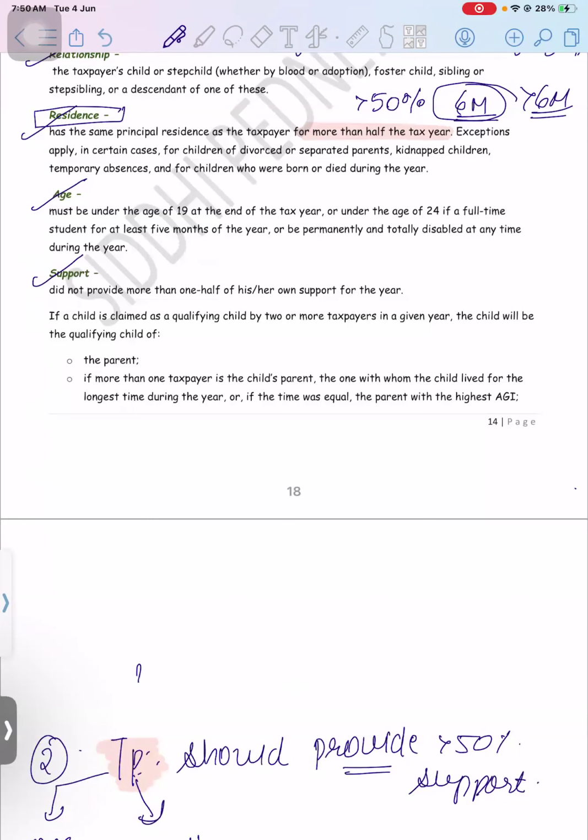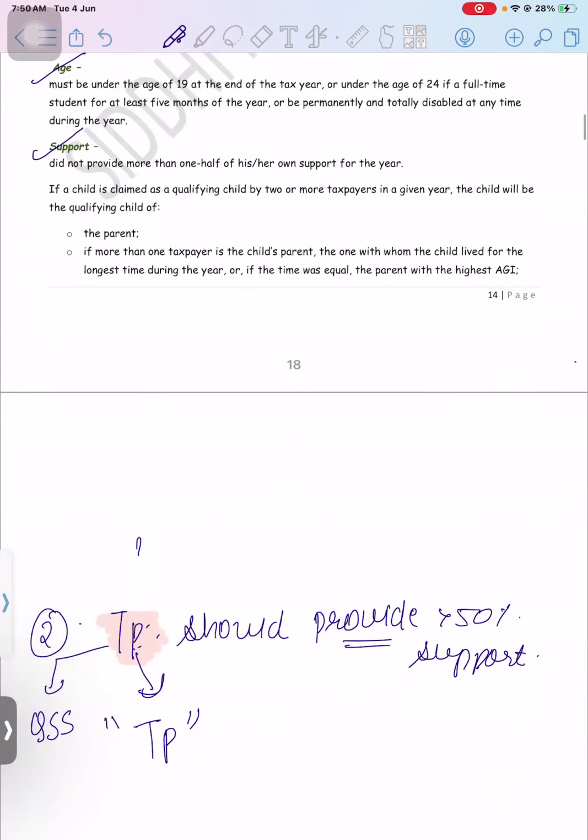Now there comes a situation where both the taxpayer and spouse are eligible to take the child as a qualifying child. So what will happen? We will check the AGI, highest AGI, right? This is the example of taxpayer and spouse. One example I can take is, let's say there is a grandmother, okay? And she has 3 grandchildren.